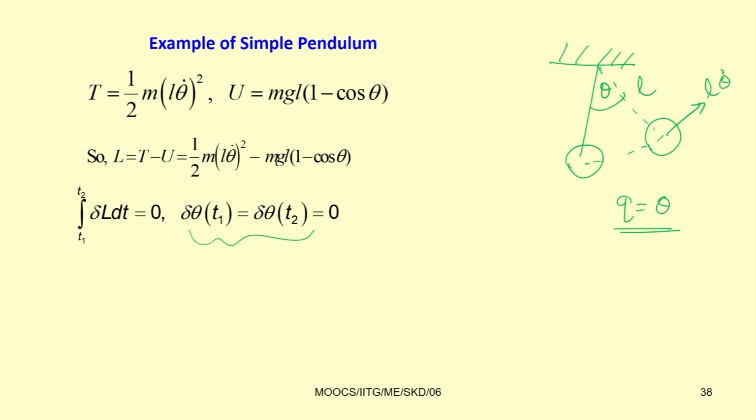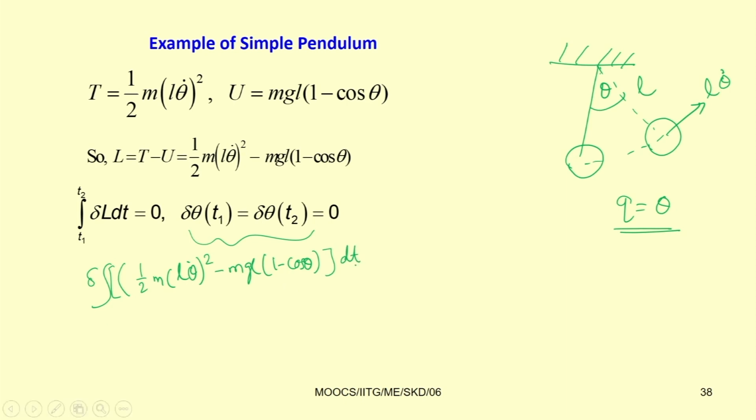Now we have to apply this del operator: del of half m L squared theta dot squared minus m g L into (1 minus cos theta), integrated with dt.